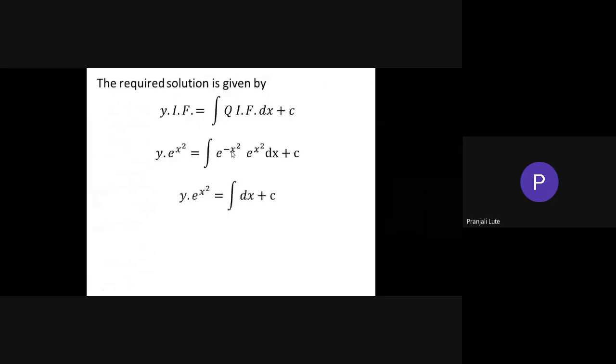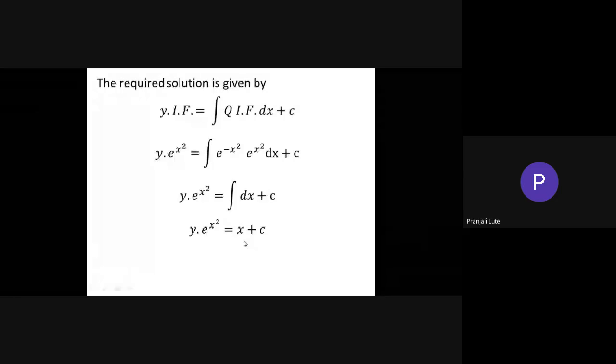So y into e to the power x square equal to the integral of 1 dx plus c. What is the integration of dx? Integration of dx is x. So y into e to the power x square equal to x plus c.